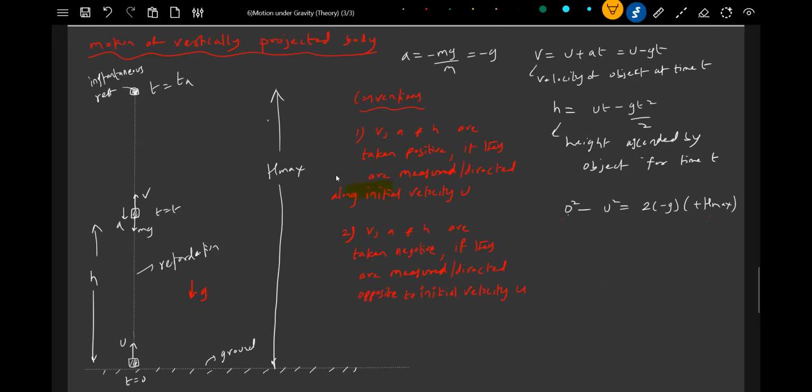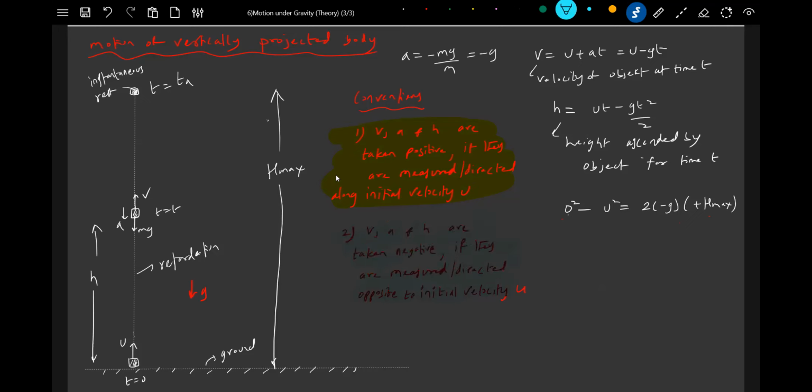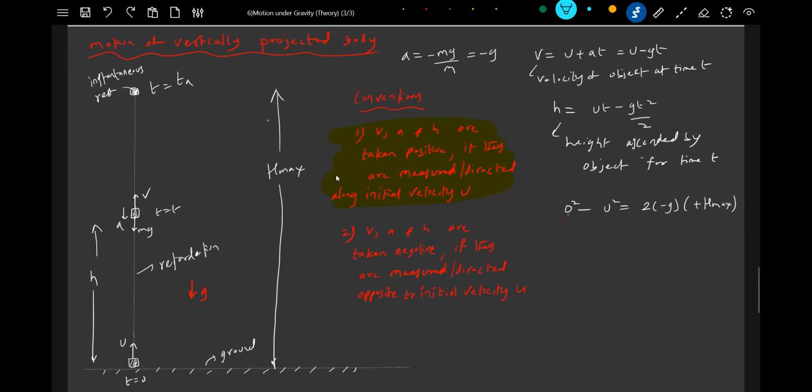I can just highlight only this much. Okay, fine. This is about the convention.